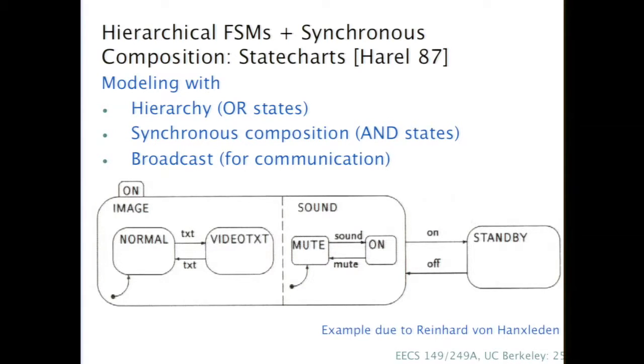In the on state, there are two sub-state machines, which Harel declared to be synchronous composition of two state machines, except he didn't get it quite right, but it was close. But, fixed up, it's synchronous composition of two state machines. So he called that an AND state. So this on state is an AND state because when you're in on, you're in normal and mute.